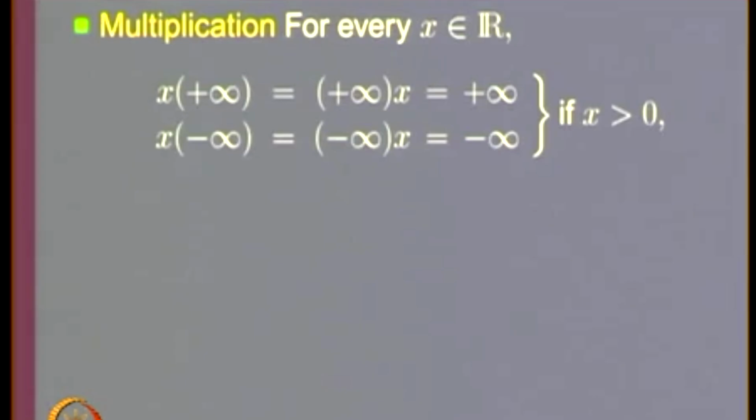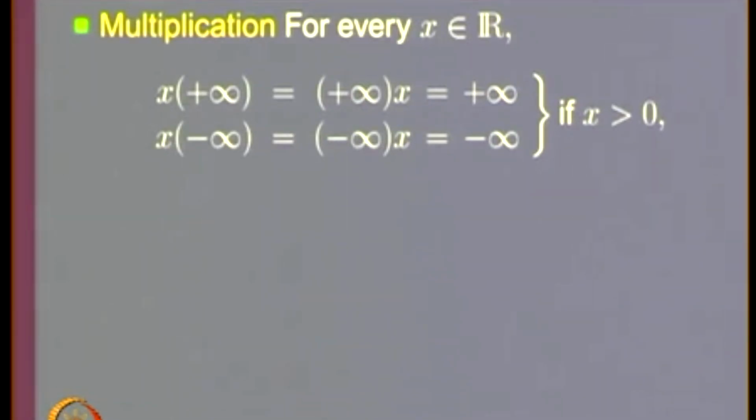Next come the rules for multiplication. For every real number x, x times plus infinity is equal to plus infinity times x, which is plus infinity if x is bigger than 0, and similarly x times minus infinity is the same as minus infinity times x, equal to minus infinity, again under the condition that x is bigger than 0. More or less we are following the rules of multiplication for real numbers.